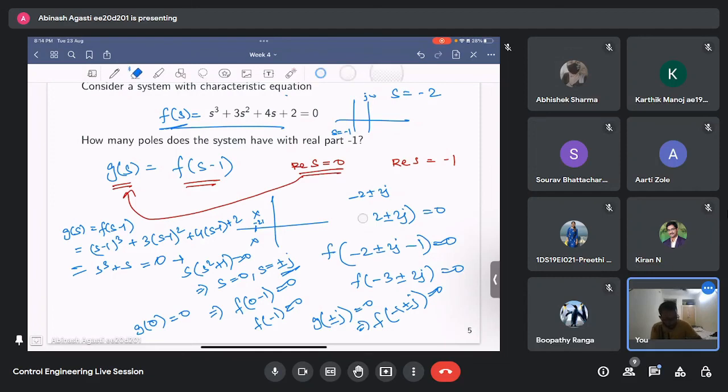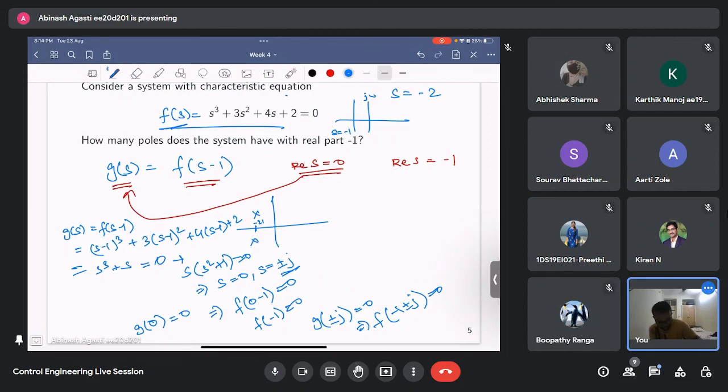So say some different polynomial is given, okay? F something is given. Say again I say g of s is equal to f of s minus 1. Then what do I have?